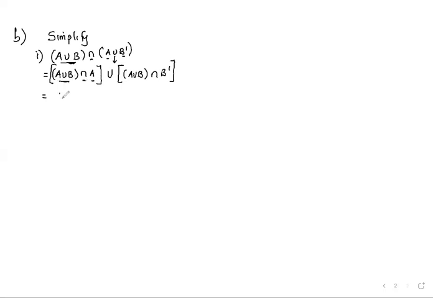So let's give us A. So one, A union B intersection B complement. A union B is everything here.